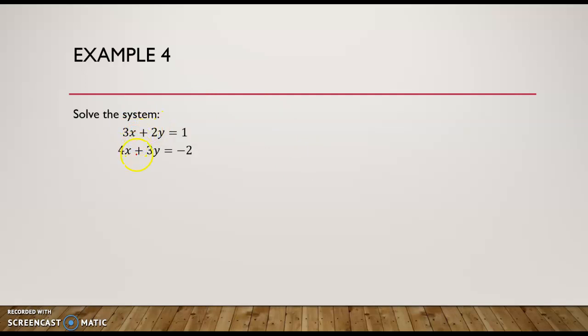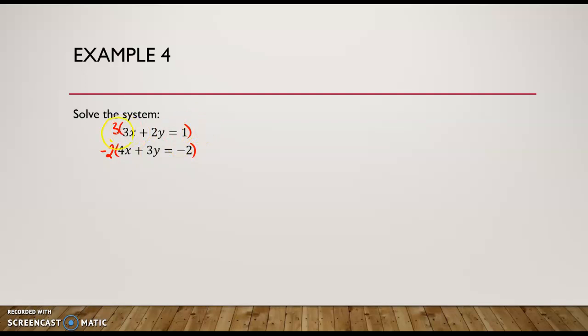So I'm going to choose the 2 and the 3. And so I'm going to multiply the top by 3 and the bottom by 2. And then I have to make one of them negative. And so I'm going to make the 2 negative.